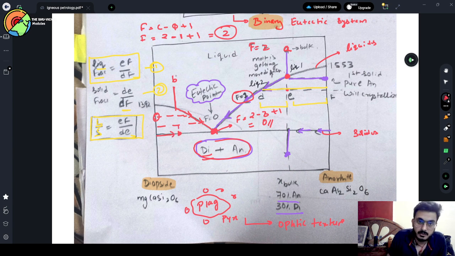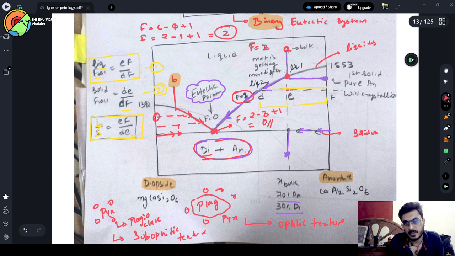So if your bulk composition is on this side, we will get another texture. What will happen? This diopside, that is our pyroxene, is surrounded by plagioclase, and this type of texture is known as subophitic texture.